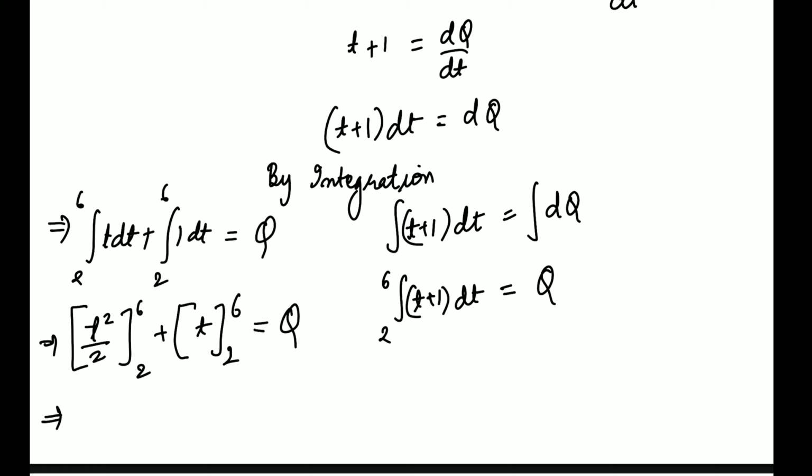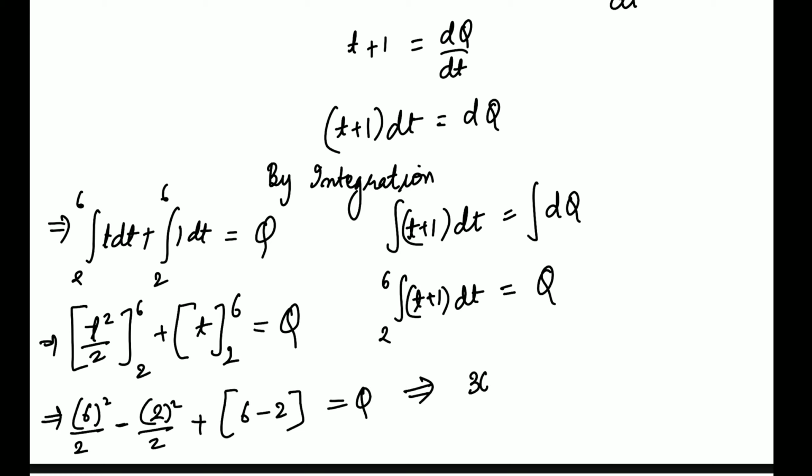Apply the limits, upper limit minus lower limit: 6 square upon 2 minus 2 square upon 2, plus 6 minus 2. That is 36 by 2 minus 4 by 2 plus 4, which is 18 minus 2 plus 4.